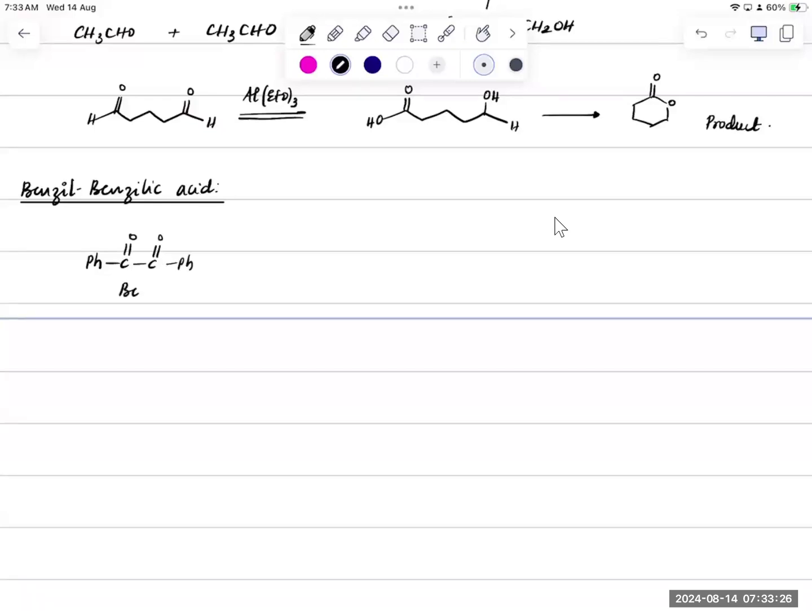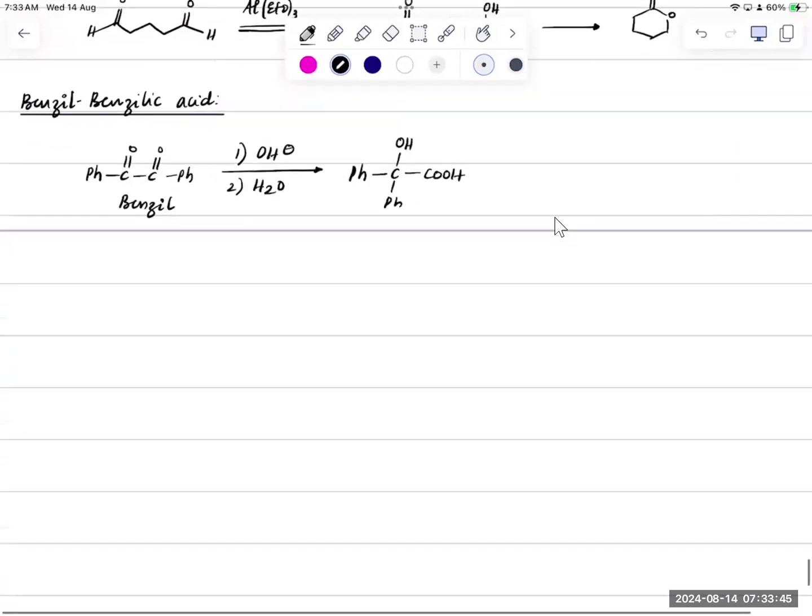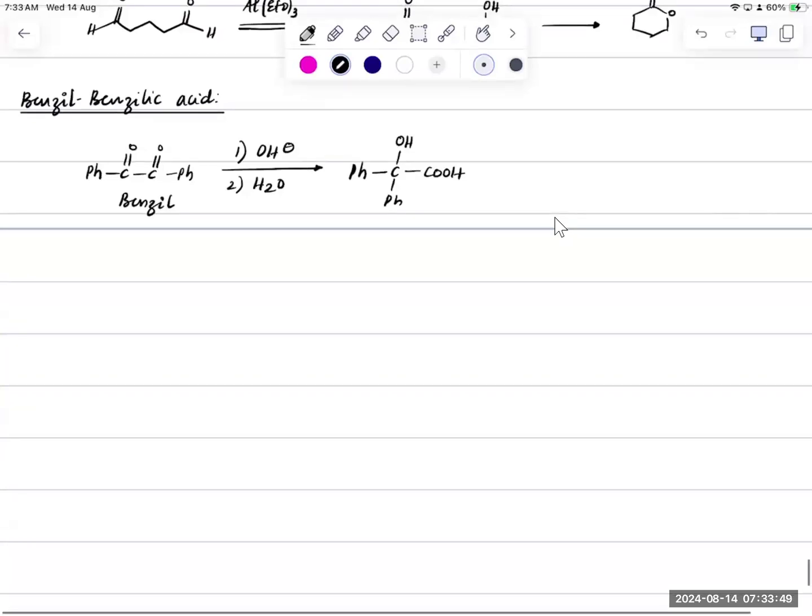This is what we call benzil. And if we treat this with OH minus followed by hydrolysis, then we notice it forms OH, Ph, and COOH. So exactly every step that happens is similar to that of Cannizzaro here, except instead of a hydride shift, now we have a phenyl shift. That's the only difference here.